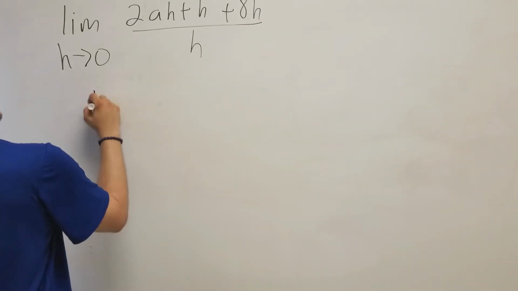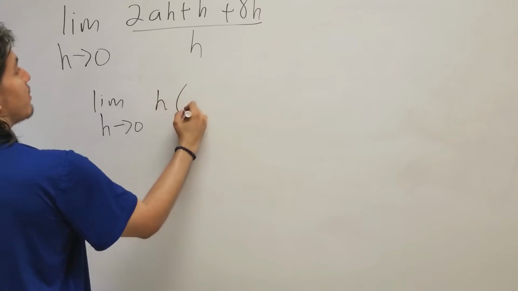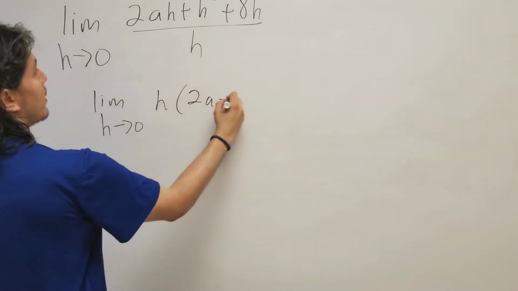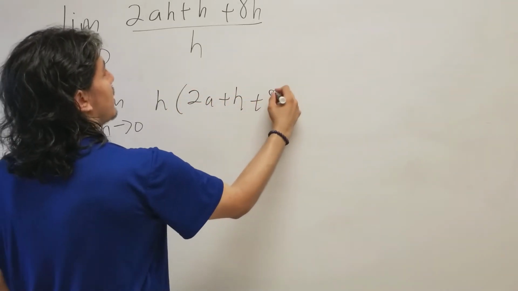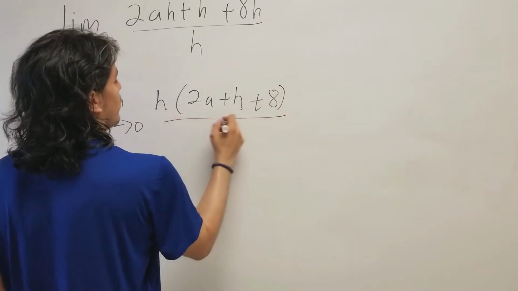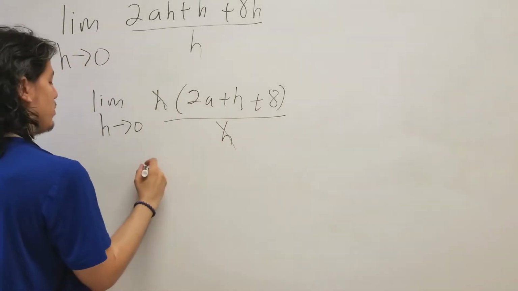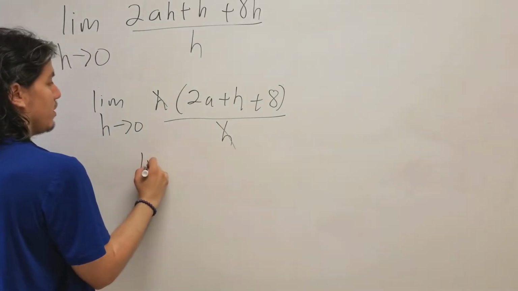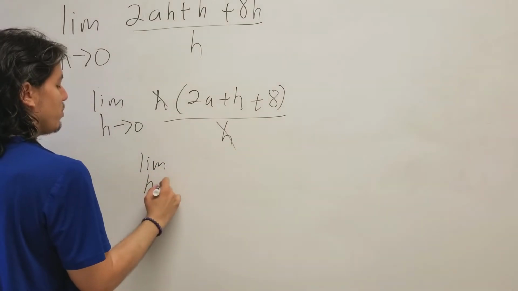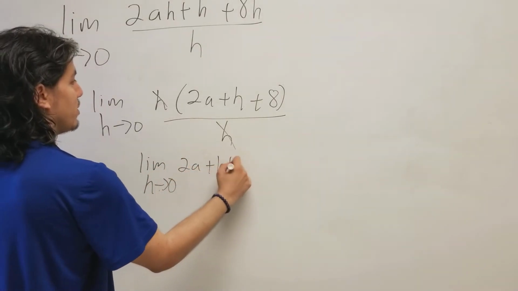The limit as h approaches 0, factor out an h in each term, so I get 2a plus h plus 8, all over h. The top one and the bottom one cancel, so I'm still left with the limit as h approaches 0 of 2a plus h plus 8.